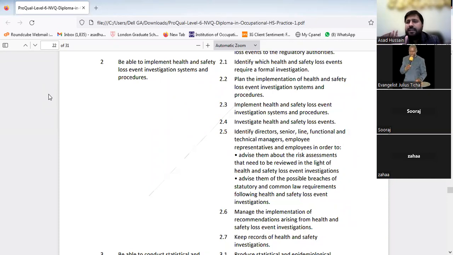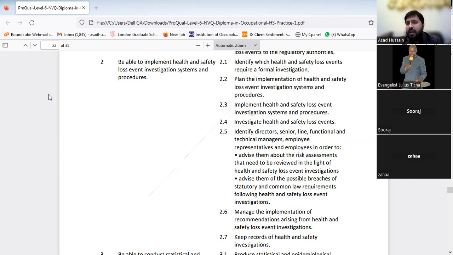So how do we decide what level of investigation we are going to perform? It depends upon the severity of the accident that happened in your workplace. So in this regard, you have to explain the different levels of investigation you have in your organization.